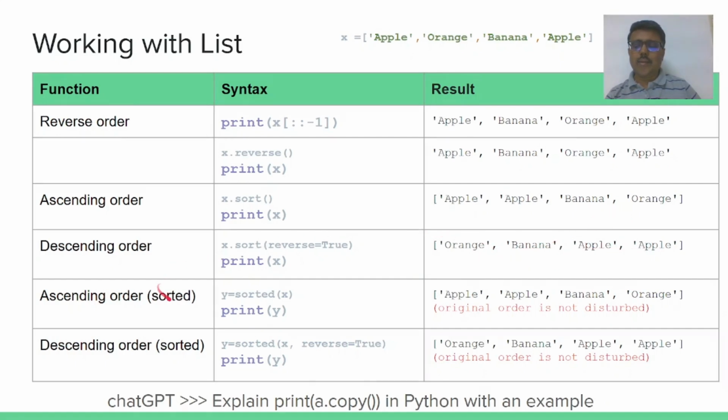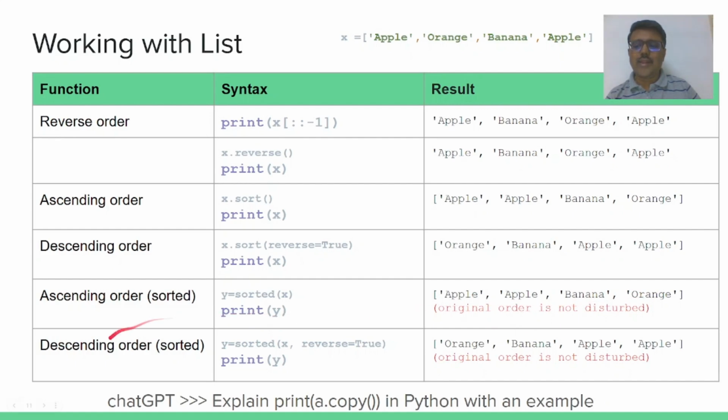Okay, then ascending order, there is something called ascending order sorted. What it means is that it retains the original order in which it is available. Okay, so the original order is not disturbed. That's why apple, apple, banana, and orange will be seen here.